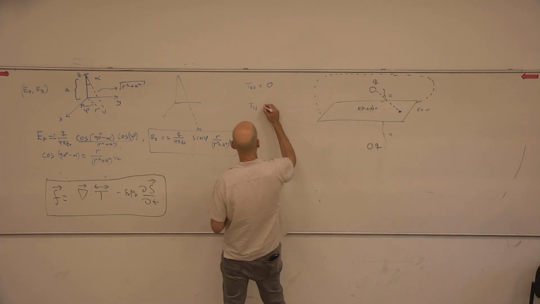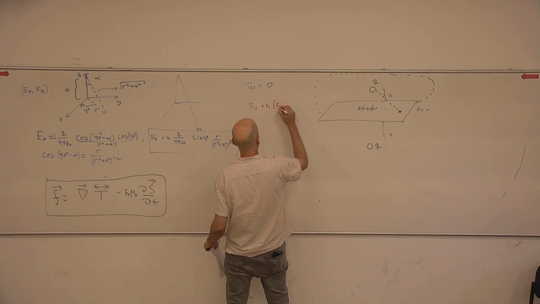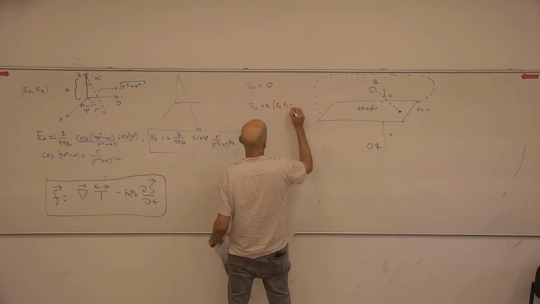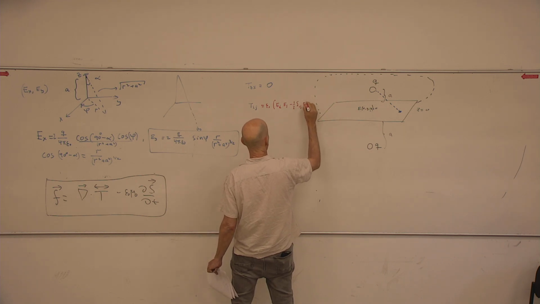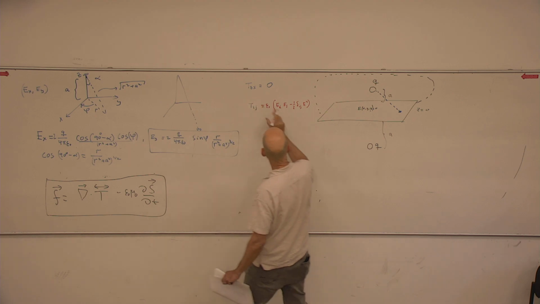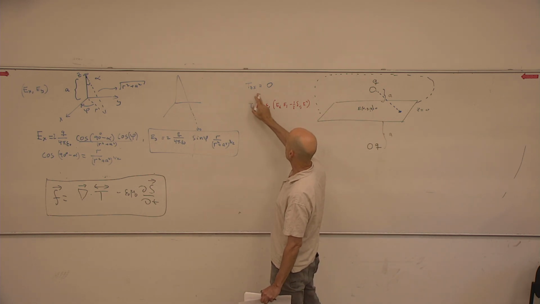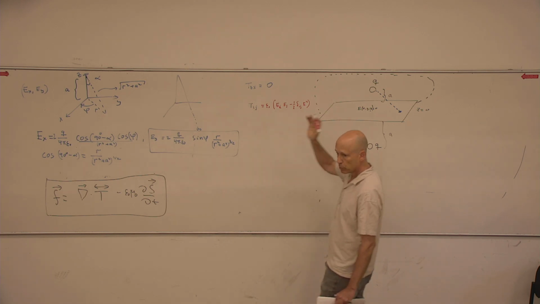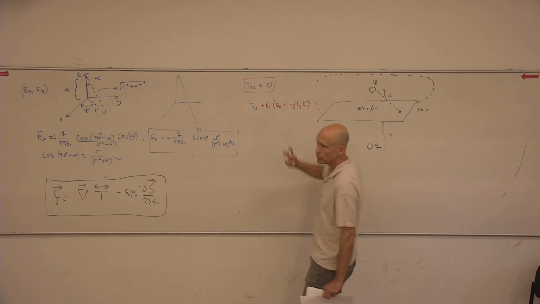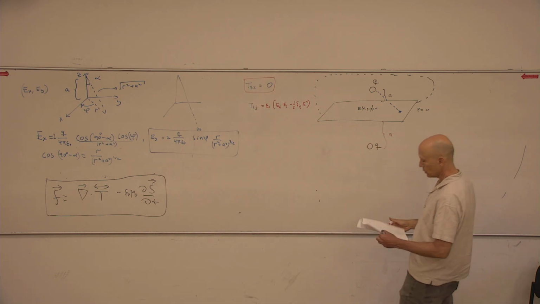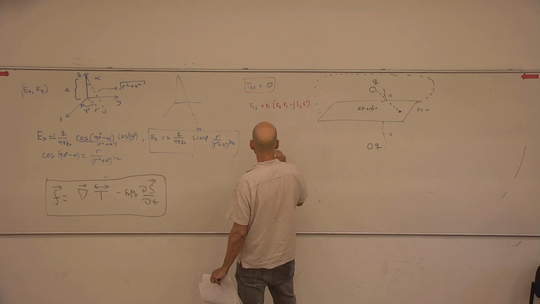Tij, let us write the definition, is epsilon 0 Ei Ej minus half delta ij E squared. So if I have zx, then this guy is 0. And here I have the z component. The Ez component is 0 in this problem. And then you see that Tzx is 0. So there's no shear of this type. Actually, in this problem, there's no shear at all. What is Tzz? Also 0.